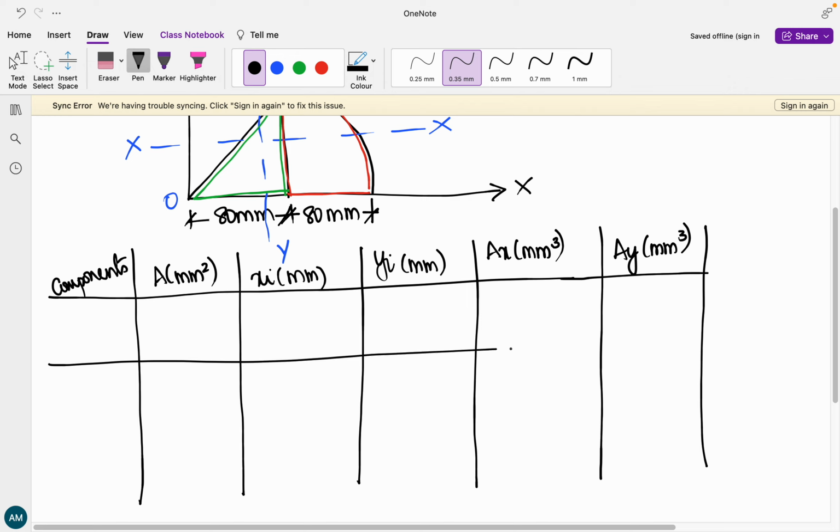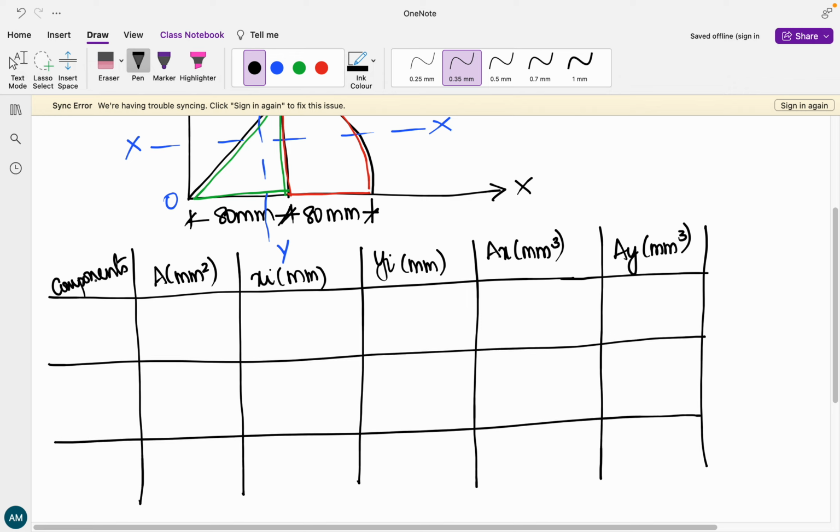Alright, we have two components. Let us mention component 1 and component 2.